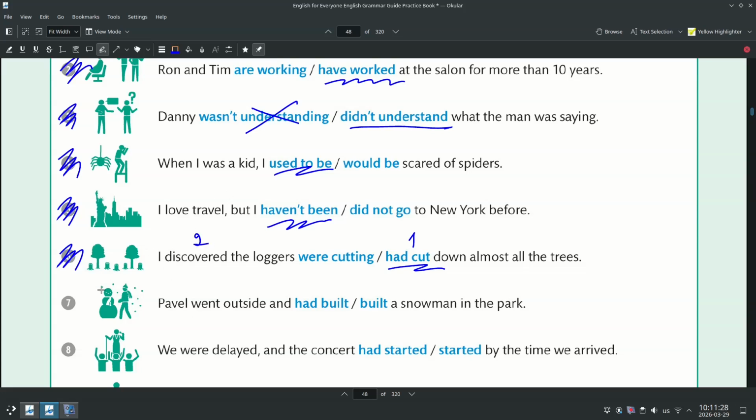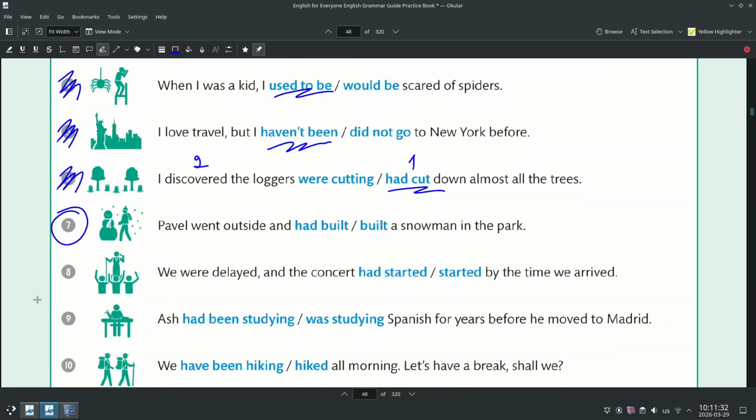Number 7. Pavel went outside and built a snowman in the park. And built. So one action happened just after another action. He went outside and after that he built a snowman.